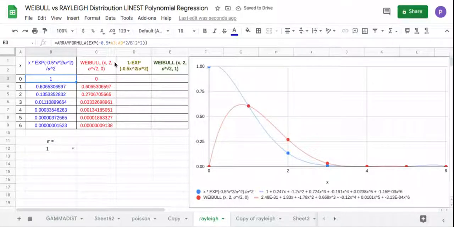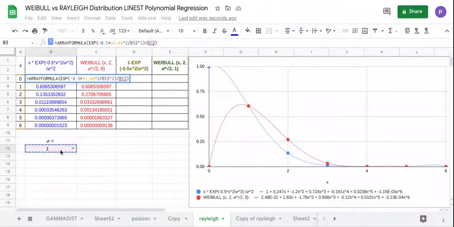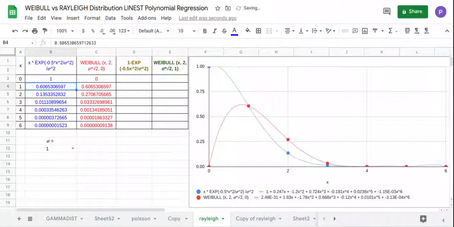Next, we've done this part. Now we divide the entire exponent by sigma squared. So divide the exponent by sigma squared.